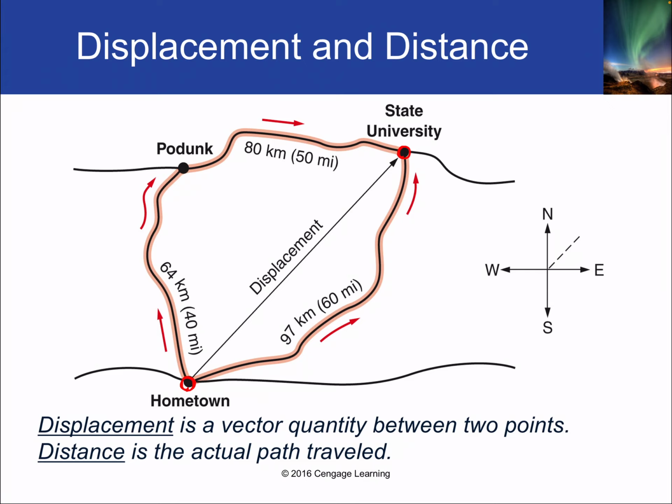Displacement doesn't care if you took all kinds of twists and turns and back roads or whatever to get from point A to point B. It just cares about your initial position and your final position. Whereas distance, you would have to add up all the distance along that brown path that you see in this picture, okay? Because you're looking at the actual path taken as opposed to just that vector quantity between those two points.